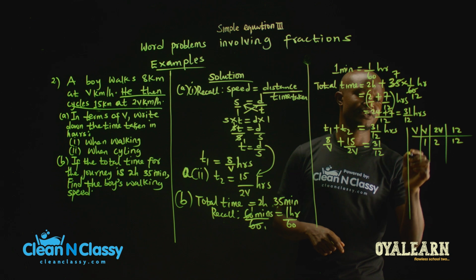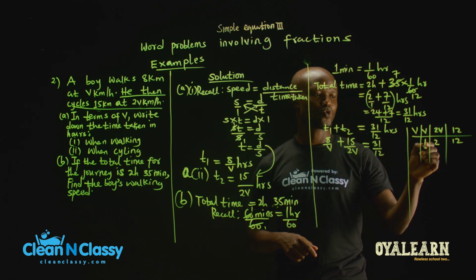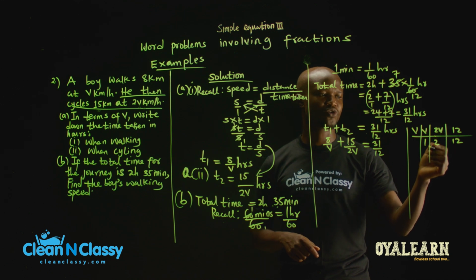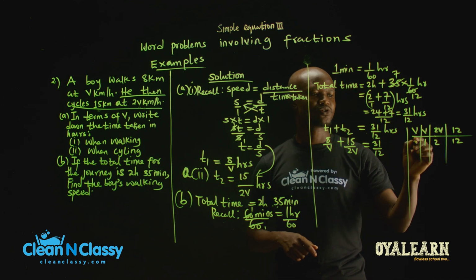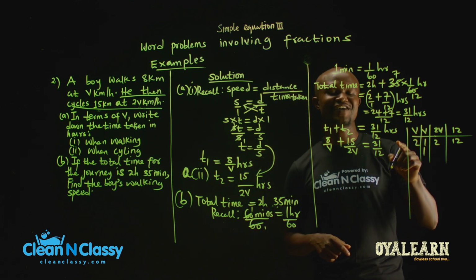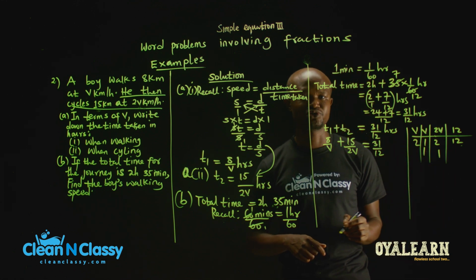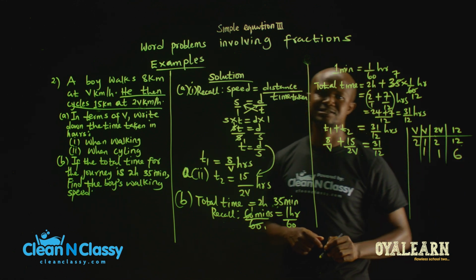Now, we can use 2, because 1 is here. Let's consider this second column. So using 2, we still write 1 here. 2 divided by 2, we have 1. 12 divided by 2, we have 6.